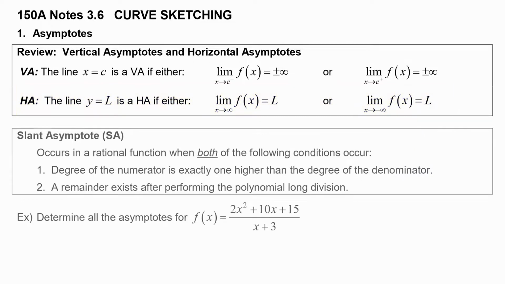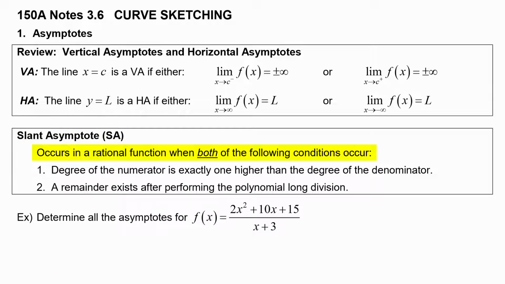There's a third type of asymptote called a slant asymptote, which we will abbreviate SA, and that occurs in a rational function when both of the following conditions occur. So you have to have both conditions.